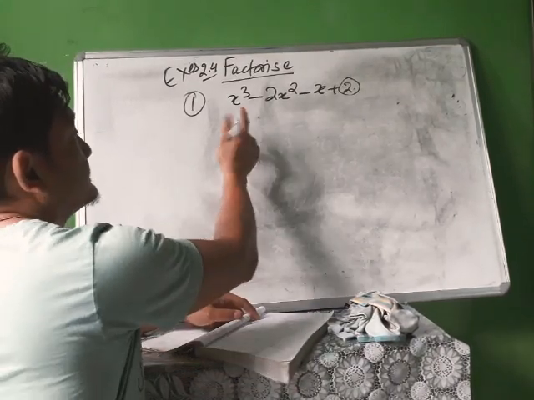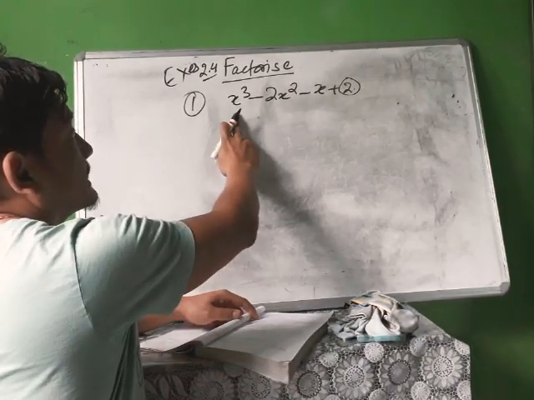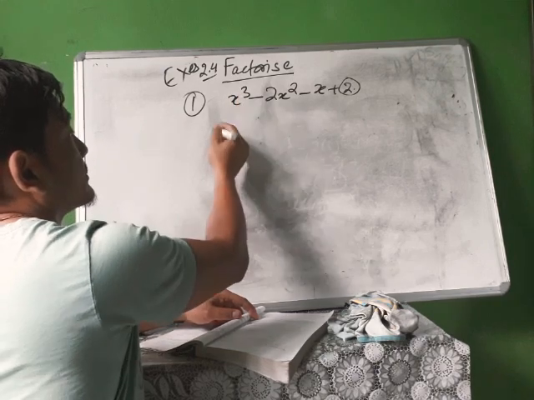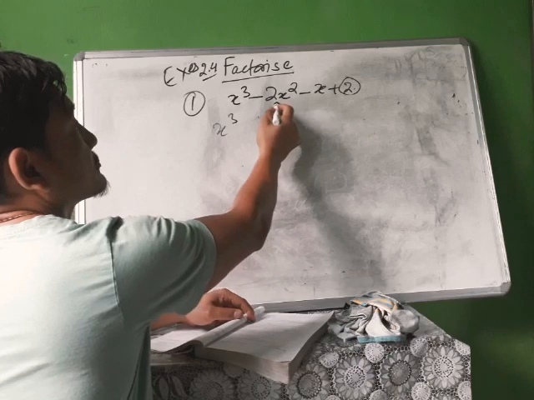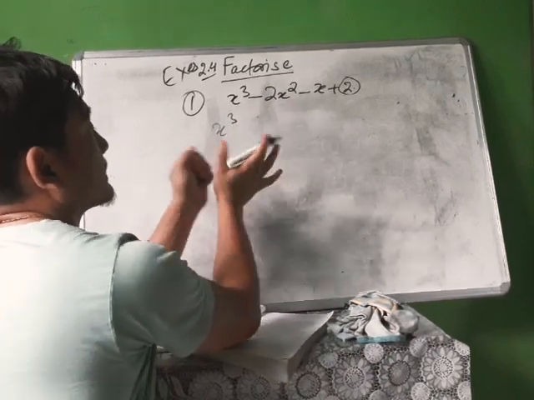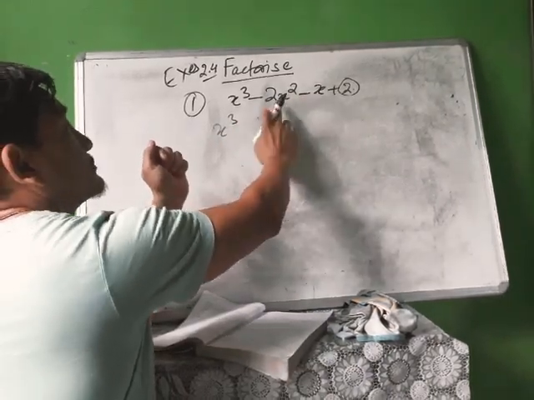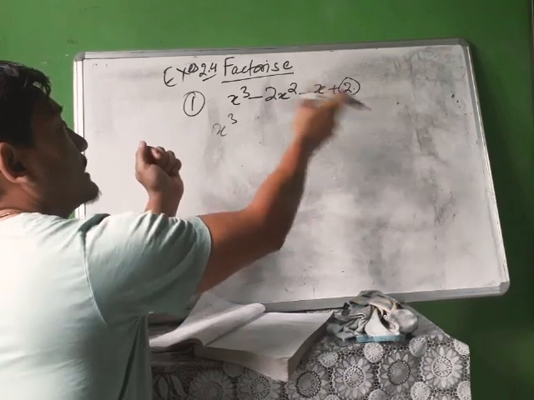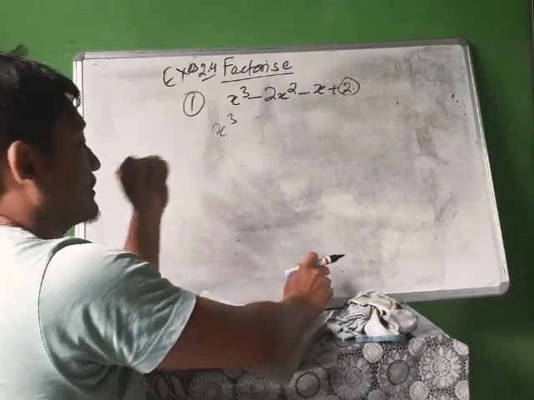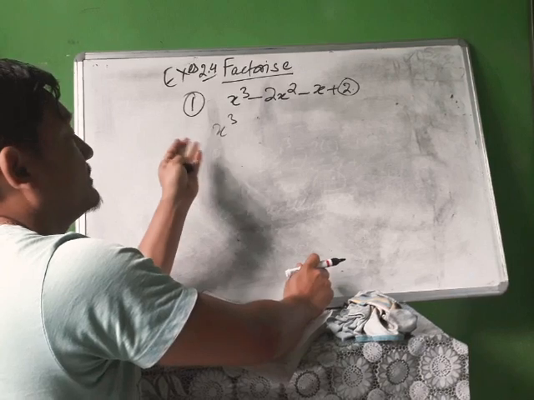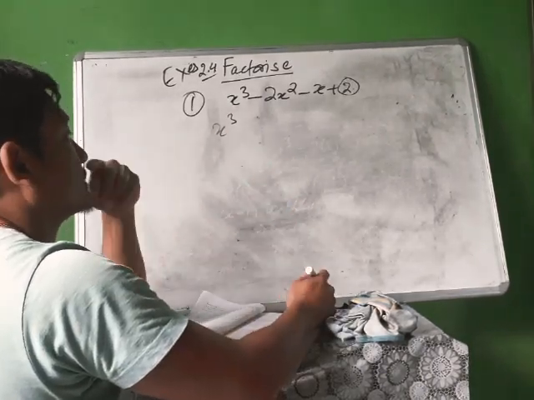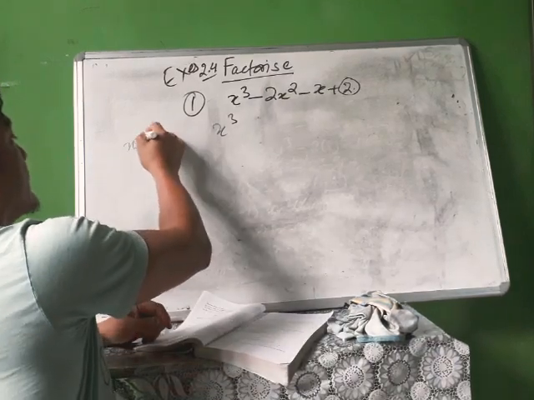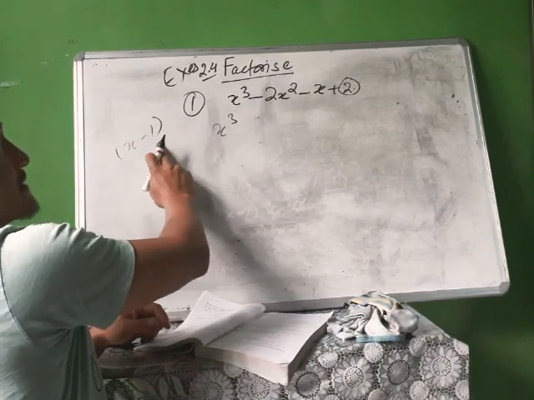The first thing that you have here is x cube, so we will write x cube here. We will try to split the second and third terms so that the factor will come as x minus 1.